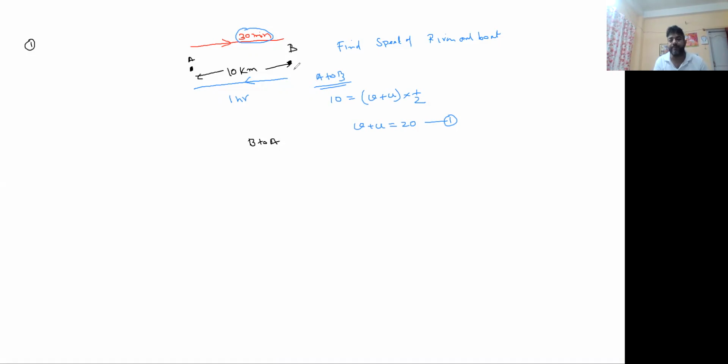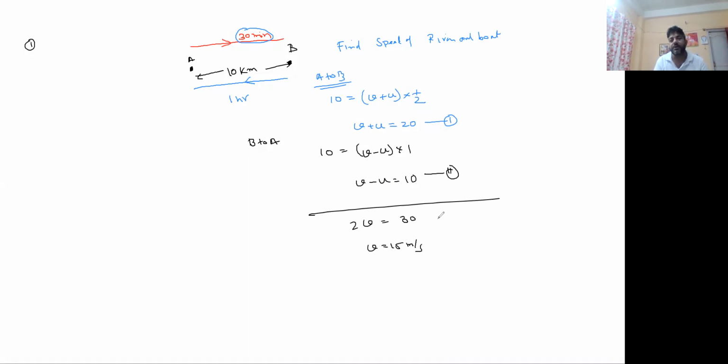B to A. The distance is 10 and the velocity is opposite. Why? Because it will take more time, meaning upstream. So V minus U into 1. So V minus U is 10. This is equation number 2. You can solve these two equations. 2V is equal to 30. V is equal to 15.